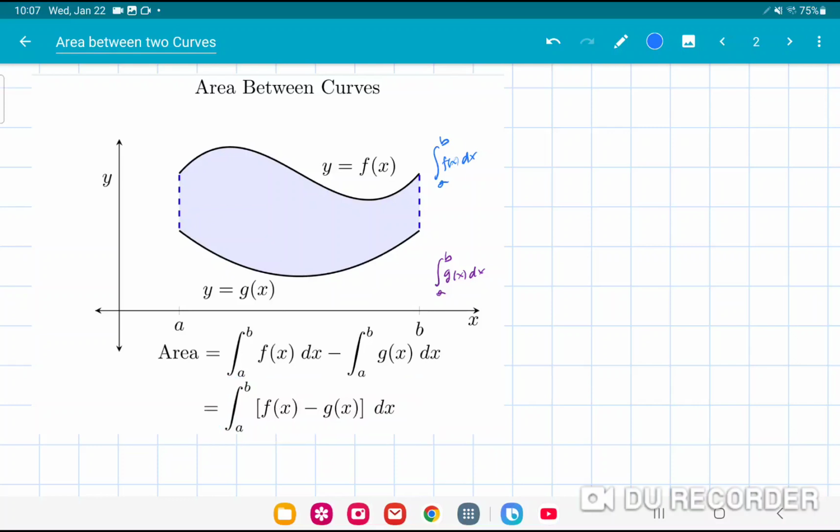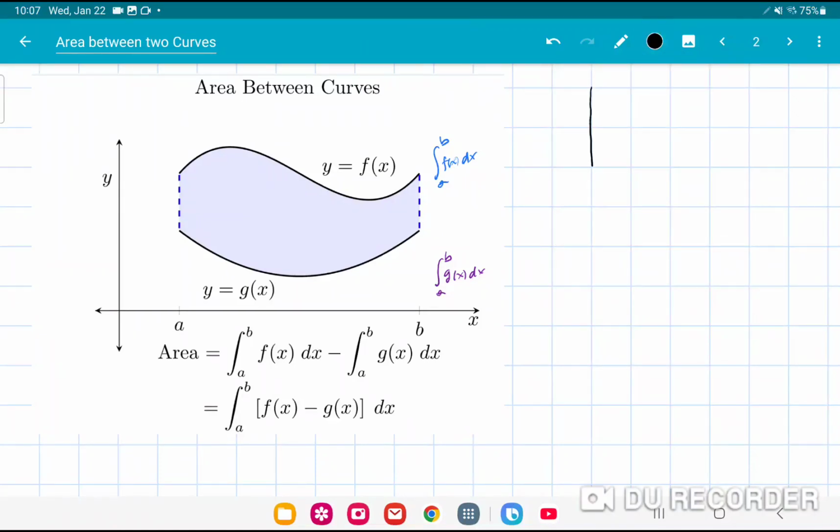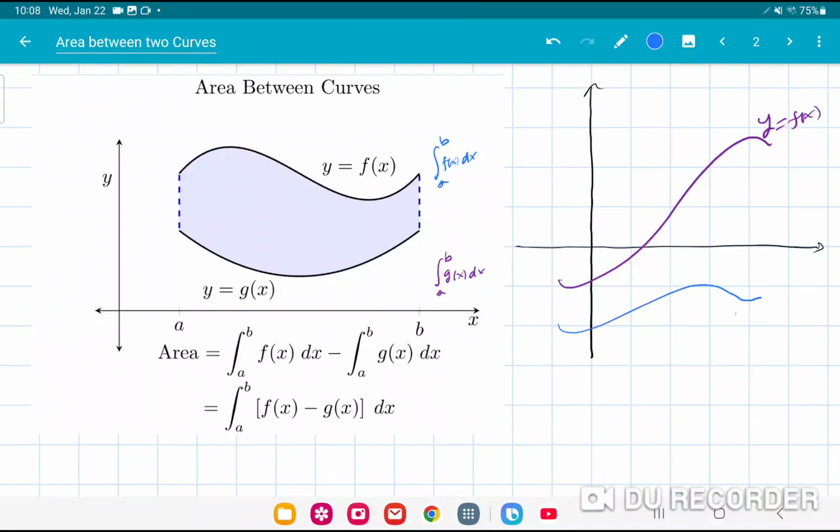Okay, well, what happens if I have two functions that are not completely above the x-axis? So I'm going to draw a couple of graphs. Suppose this is your function f. It's not completely above the x-axis. Say this is your function g. Maybe part of it is not above the x-axis.